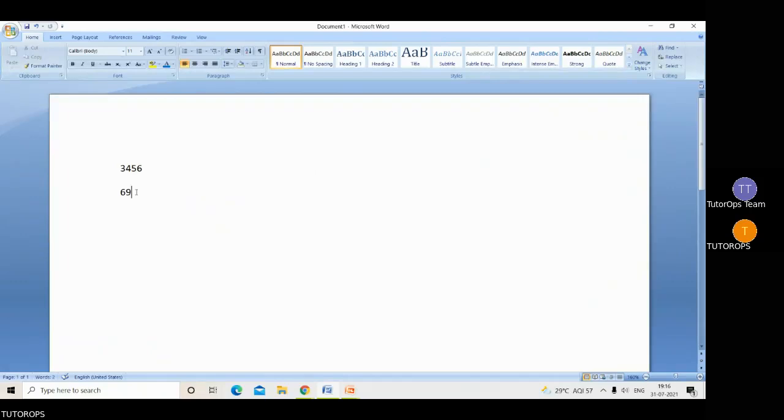So I will just put the last digit of 11, that is 1. And for the 6, there is no digit more. So 6 into 2 will be 12, and we will put the last digit 2, because here also the first digit of 12, that is 1, is already added to the 5 into 2. So I will just write 2. So double of 3, 4, 5, 6 is 6, 9, 1, 2.